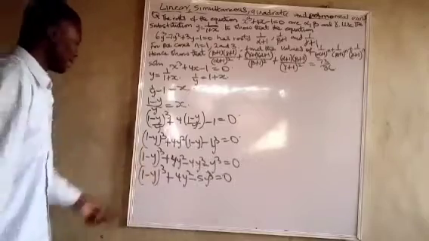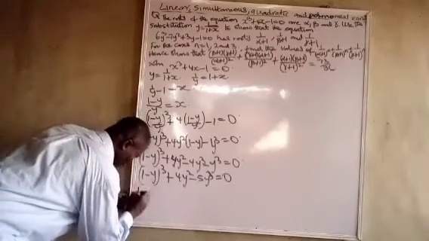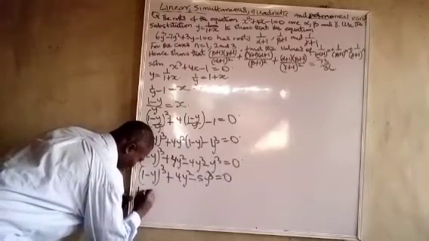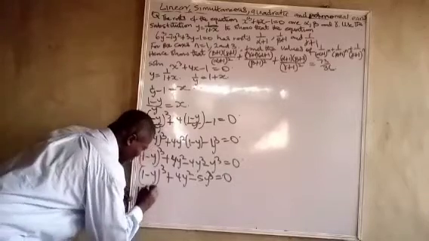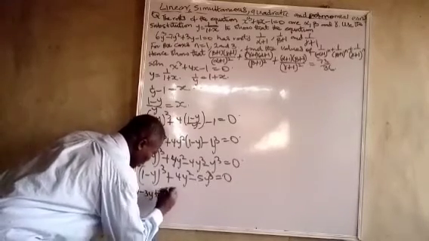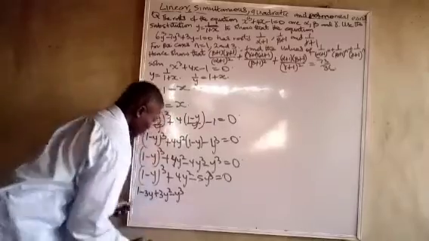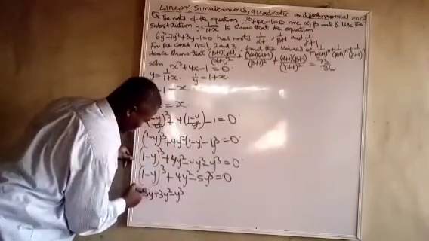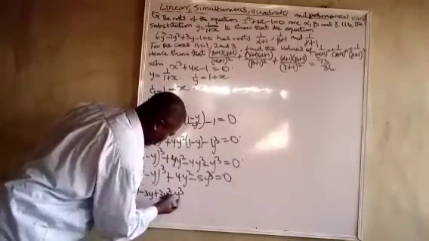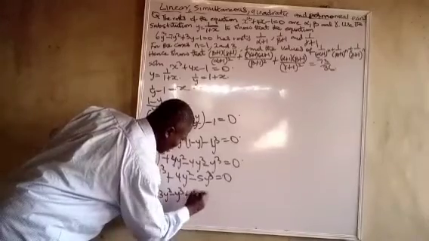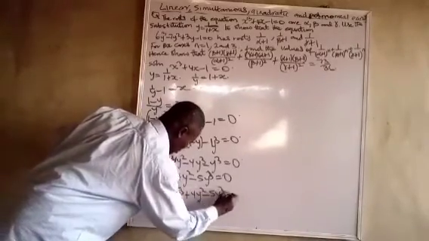Now let me expand this one. I'm going to have 1 minus 3y plus 3y squared minus y cubed plus 4y squared minus 5y cubed is equal to 0.